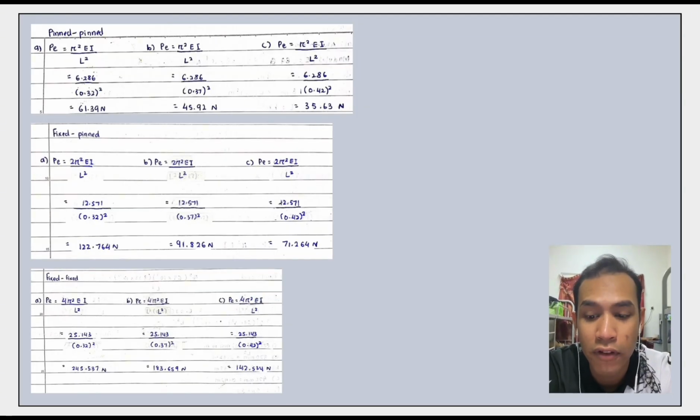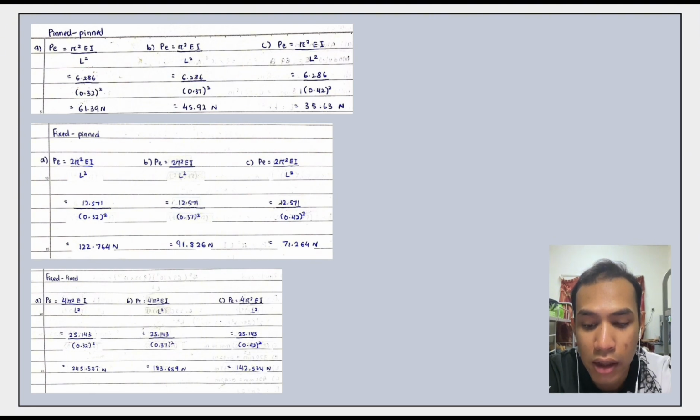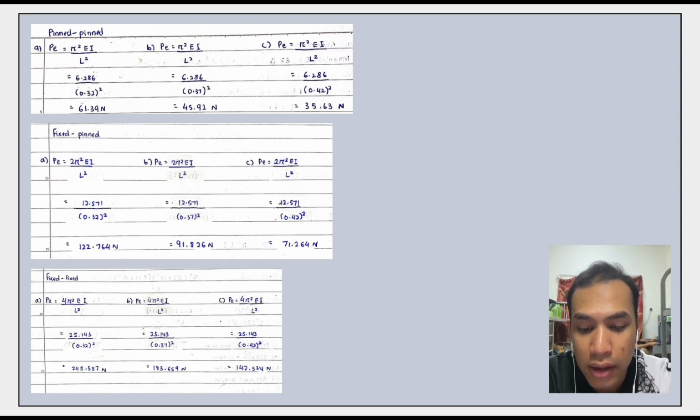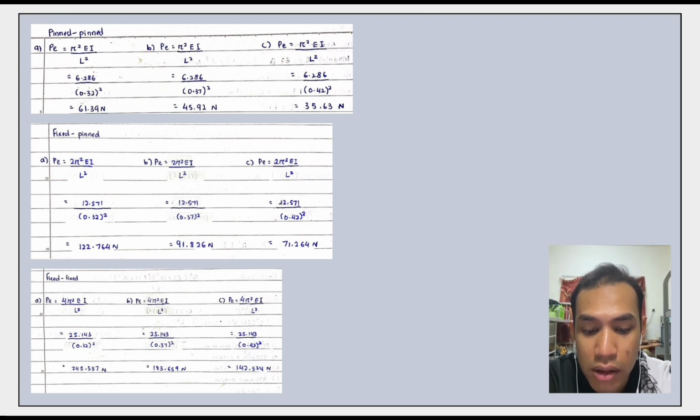Okay, calculation for pin: for the length of 320 mm we got 61.39 Newton. For the length of 370 mm we got 45.92 Newton, and for the 420 mm we got 39.63 Newton.